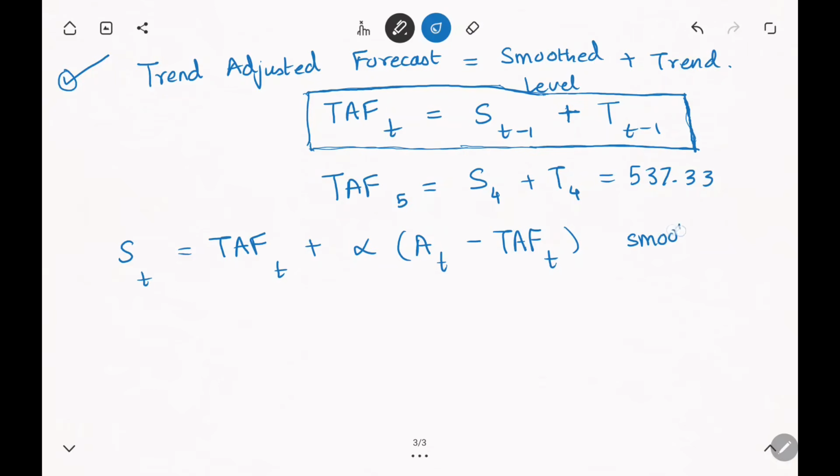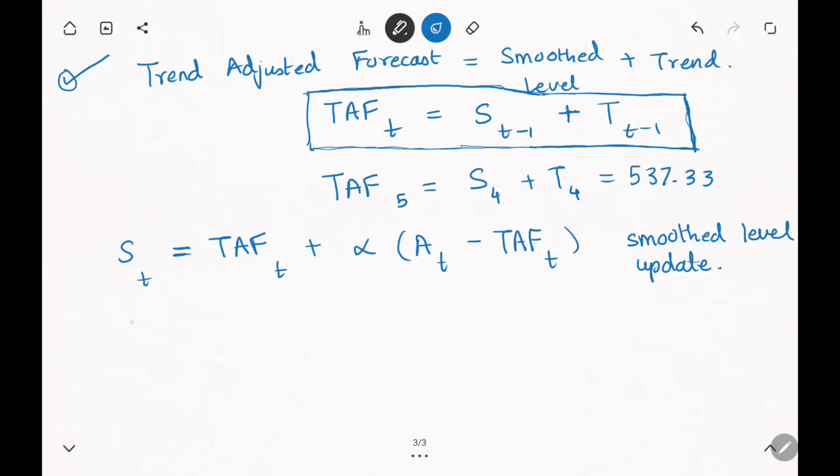we say S(t), the smoothed level at time period t, is equal to the trend adjusted forecast at time period t plus alpha, the smoothing constant, times A(t), the actual value at time period t, minus the trend adjusted forecast at time period t.